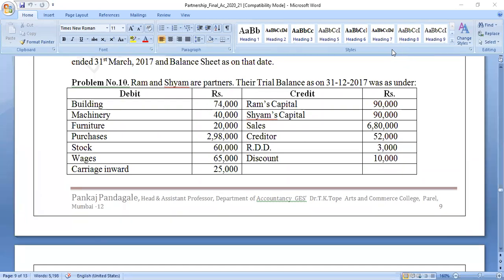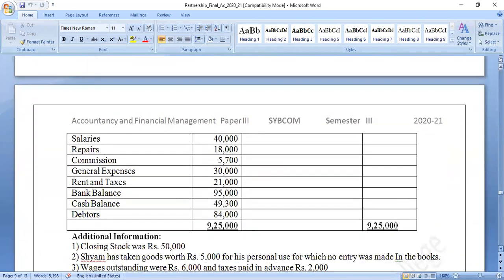stock 60,000, wages 65,000, carriage inward 25,000, salaries 40,000, repairs 18,000, commission 5,700, general expenses 30,000, rent and taxes 21,000, bank balance 95,000, cash balance 49,300, debtors 84,000.